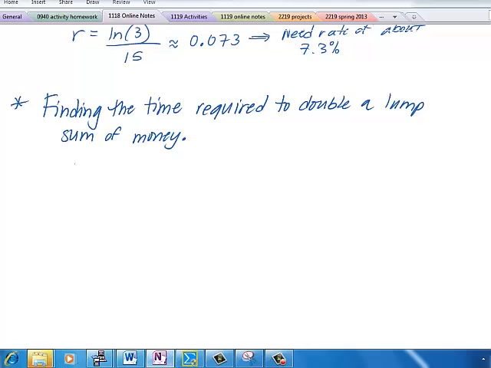If we're given an interest rate, let's say, for example, 5%. This will be very similar to what we just did. How long does it take to double our investment?